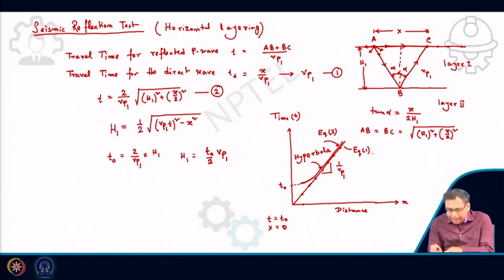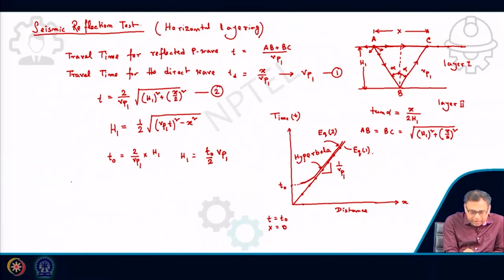Okay. So, to avoid that, what we are doing is squaring equation number 2. If I square equation number 2, that will be T square equals 1 by 4 Vp1 square, then H1 square plus half x whole square.